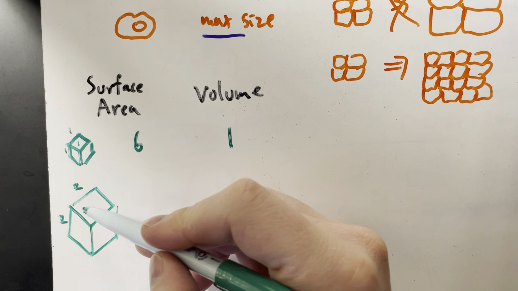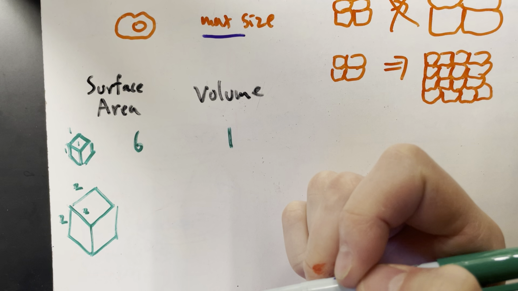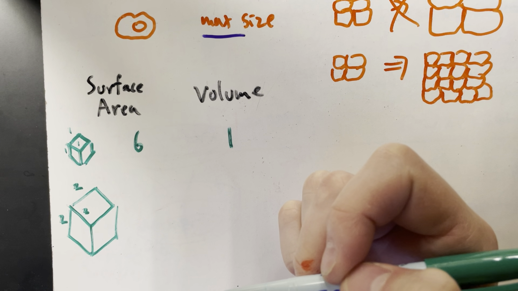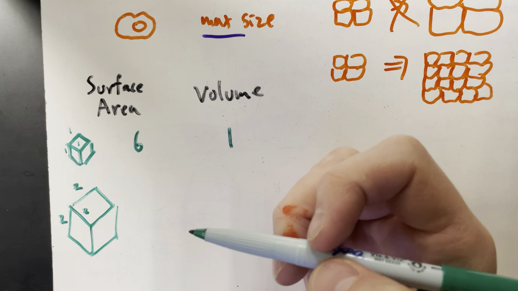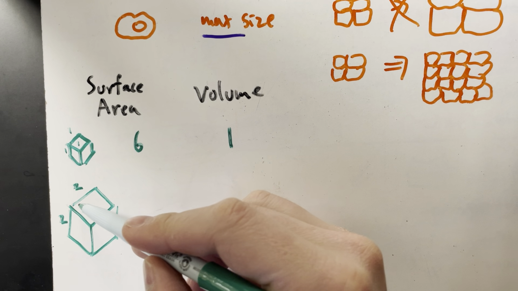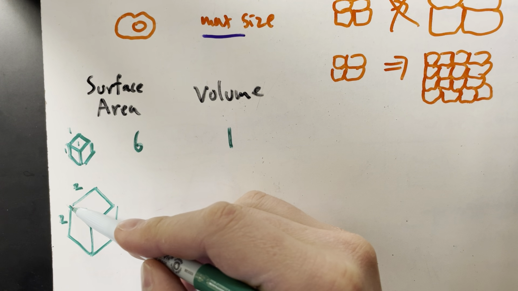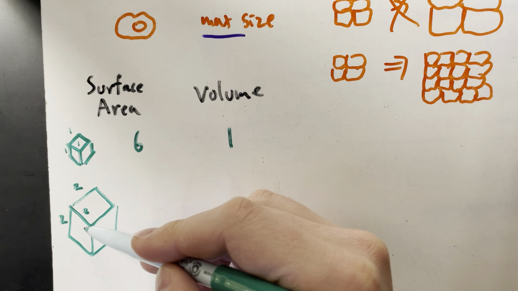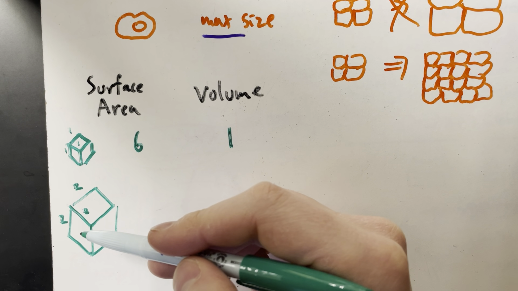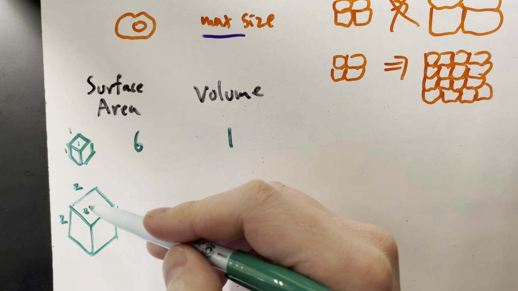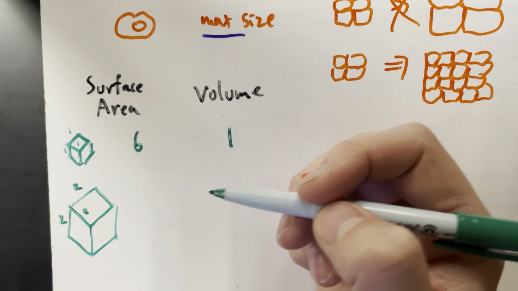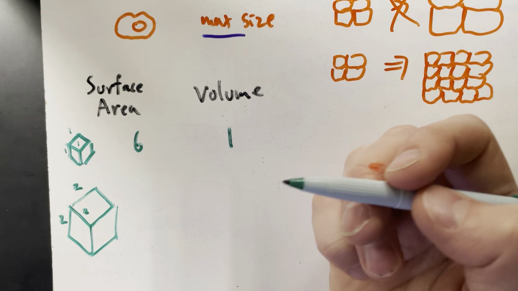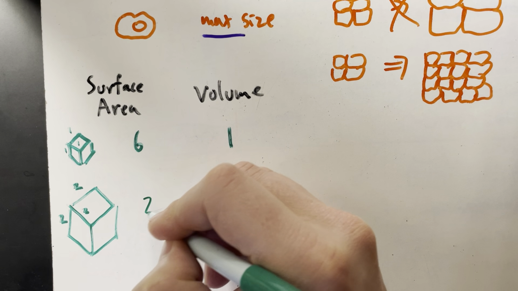Okay, what about the cube that is 2 by 2 by 2? What's the surface area of that cube? Well, what is each face? One of the faces is 2 by 2, right? What's 2 times 2? 4. What's 4 times, how many faces are there? 6. What's 4 times 6? 24, yep.